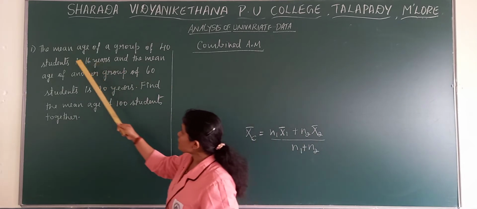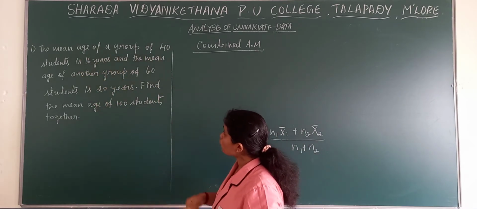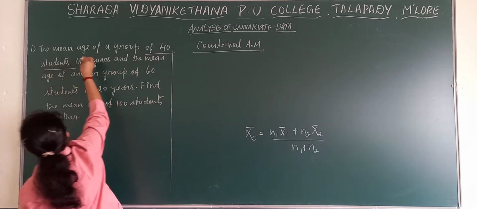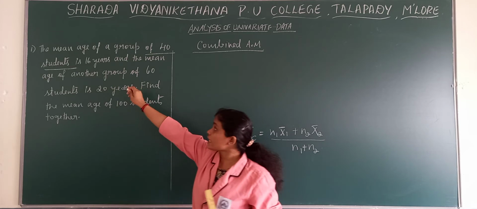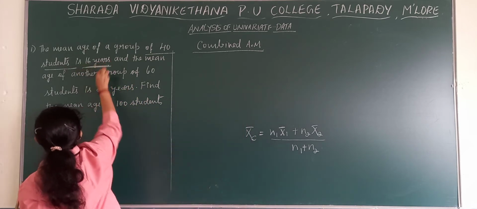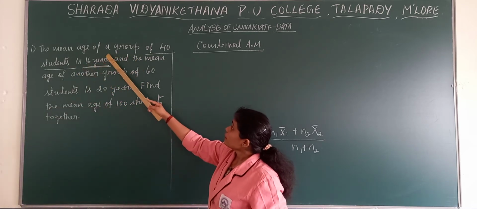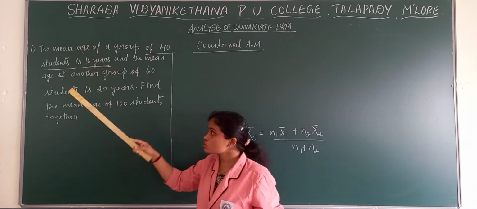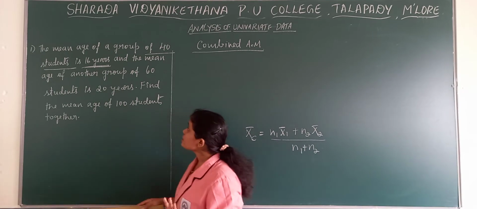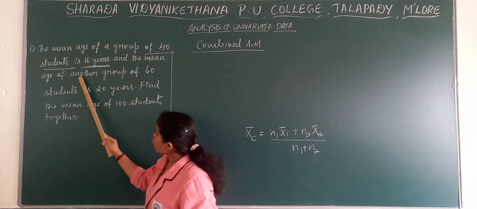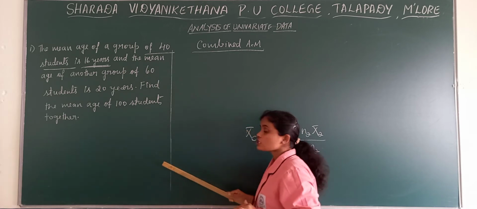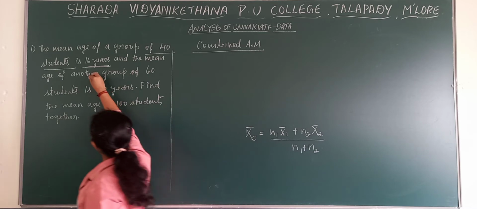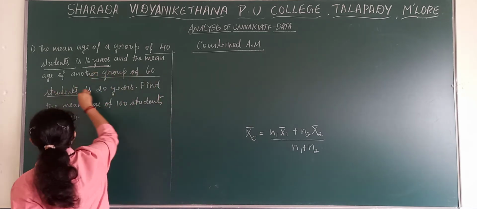Now if you see here, the mean age of a group of 40 students: that group of 40 students, the mean age is 16 years. Understand the question? The mean age of another group of 60 students is 20 years.